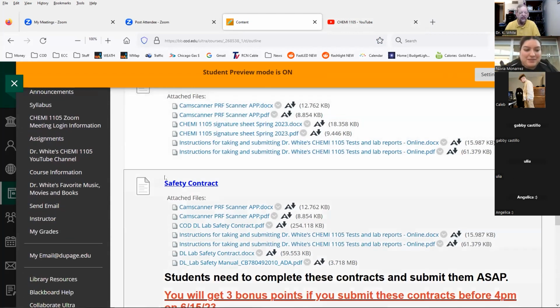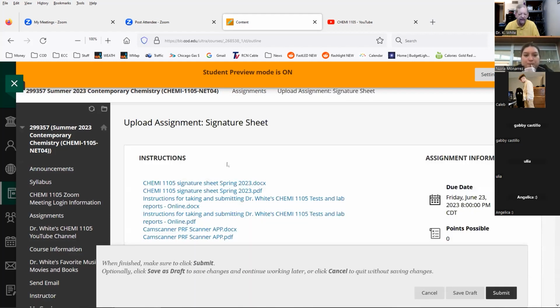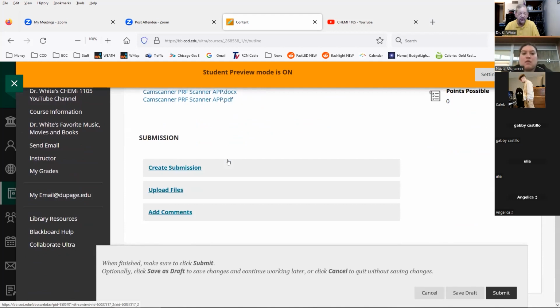Now, the signature sheet, please fill that out before test number 1. You have both an MS Word document and a PDF document, either one. And please upload it as a single PDF file to the assignment area here. Let me show you something. This is what you would see.